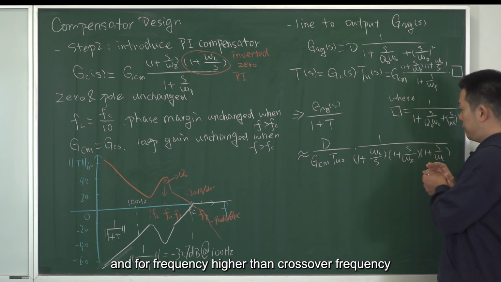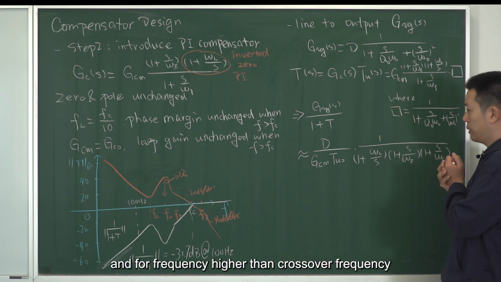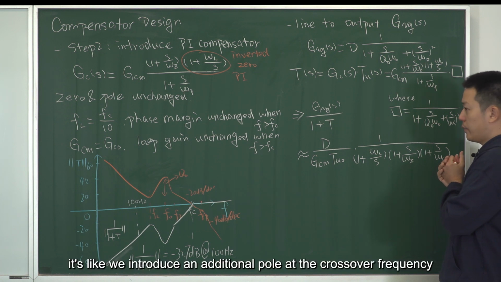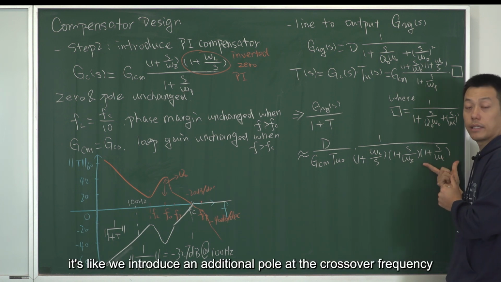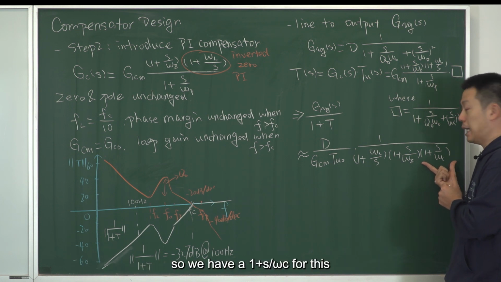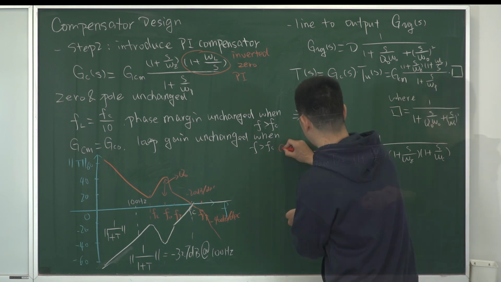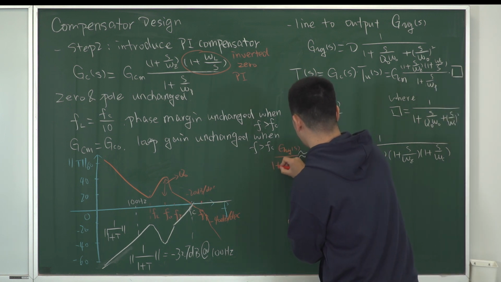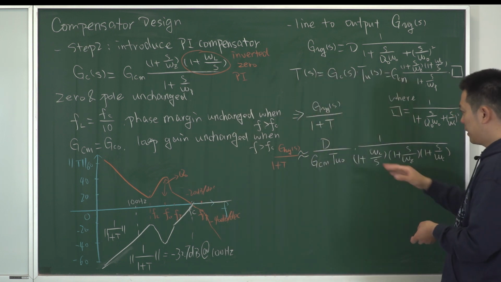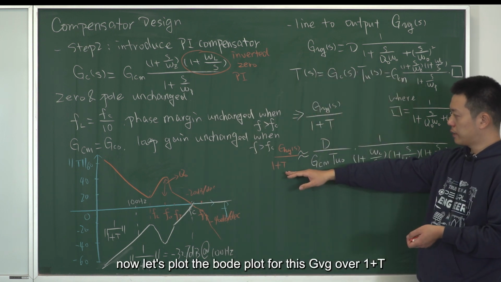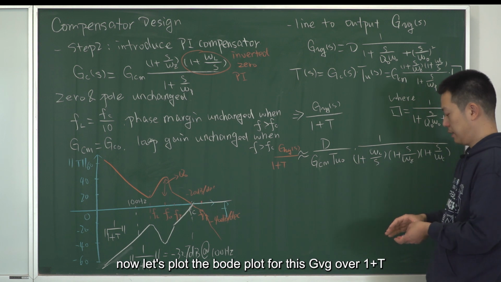And for frequencies higher than the crossover frequency, it's like we introduce an additional pole at the crossover frequency. So we have a 1 plus s over omega c term in this approximated expression of Gvg over 1 plus T. Okay, now let's plot the Bode plot for this Gvg over 1 plus T.